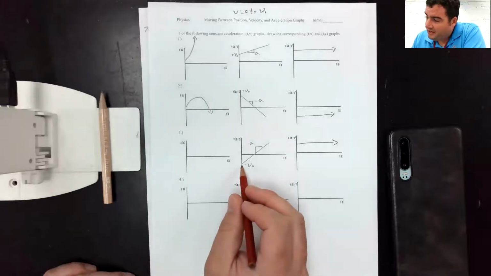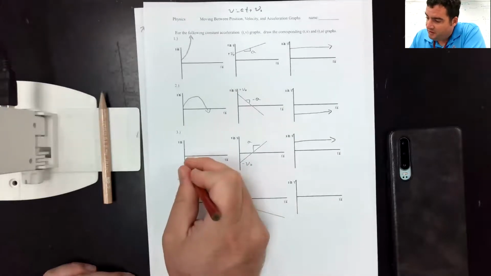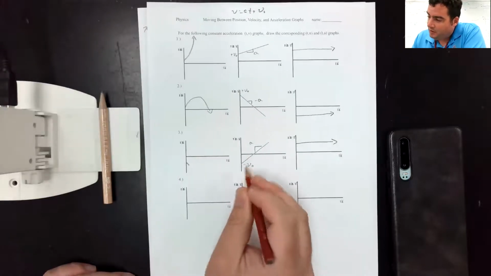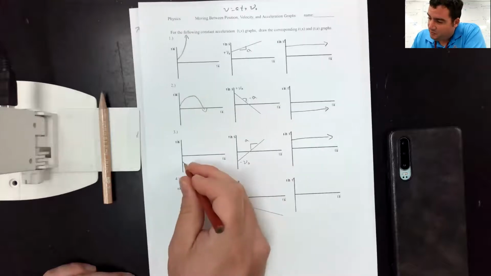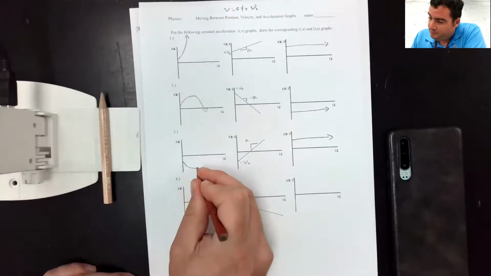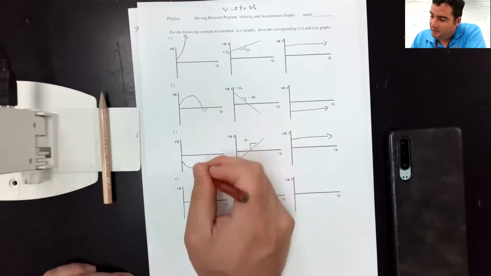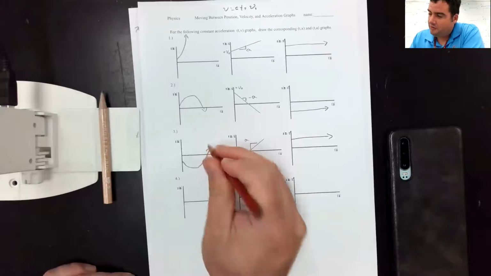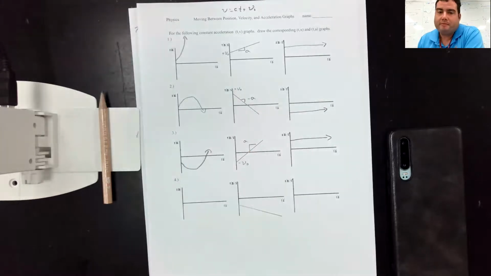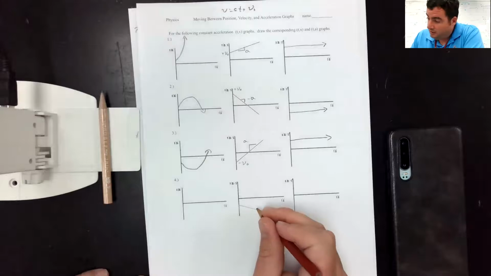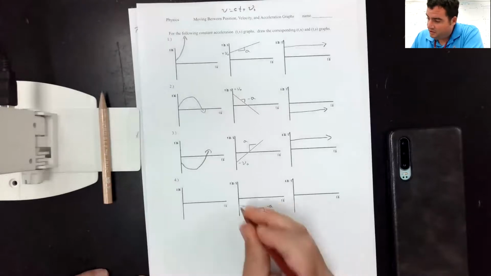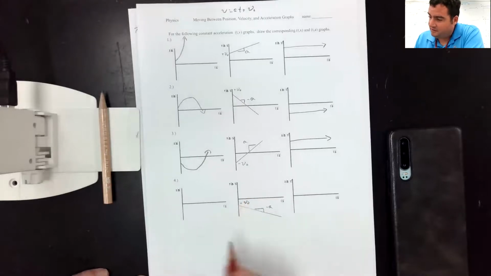So we're starting with a negative velocity. That means we're starting with a negative slope, but it's decreasing towards 0. And then it's becoming positive. So it's really the opposite of this one here. Here we have a negative acceleration and a negative original velocity.